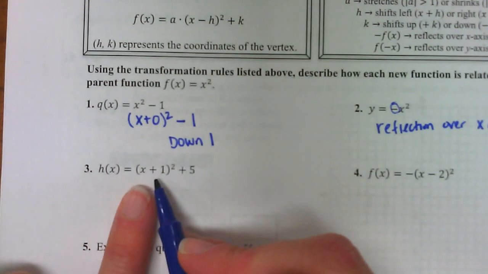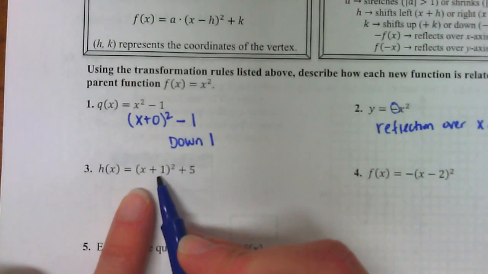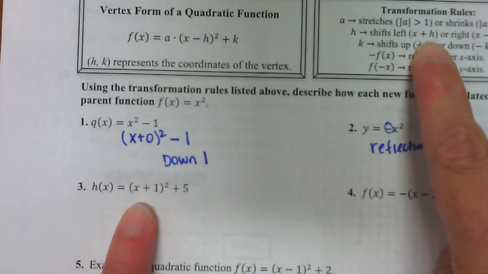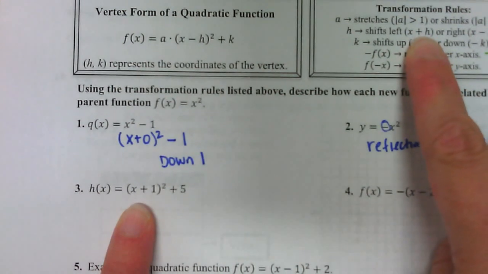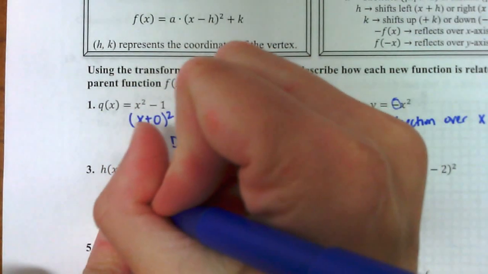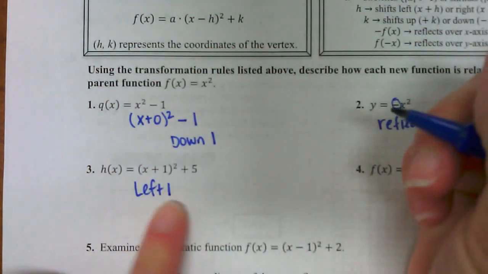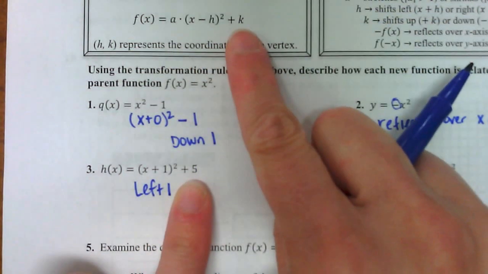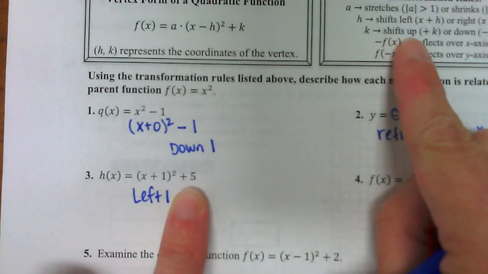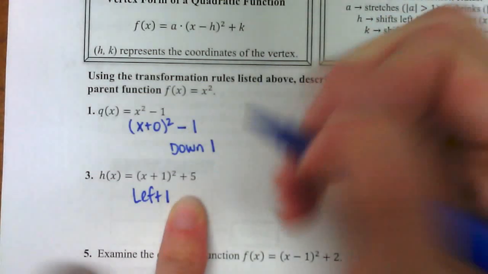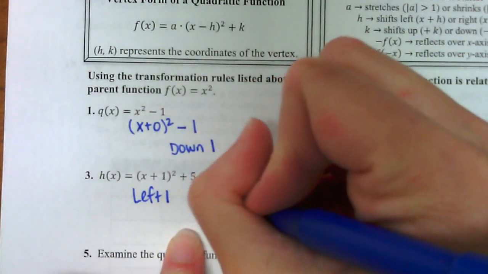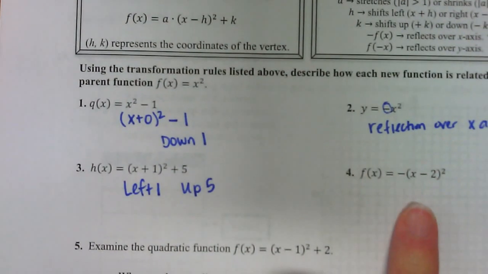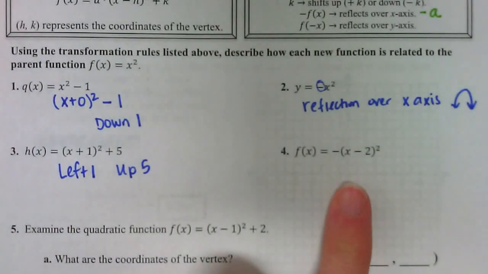Okay. This problem, inside the parentheses, there's a +1. Our rule up here says if it's inside the parentheses, it goes left. So this is going to go left 1. And then there's a +5 on the outside, so that's like the k. And a plus k means it goes up. So up 5. Right, number 4.